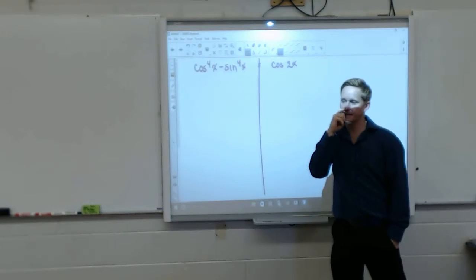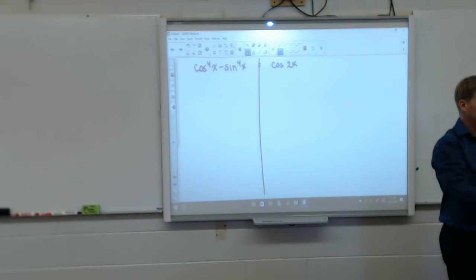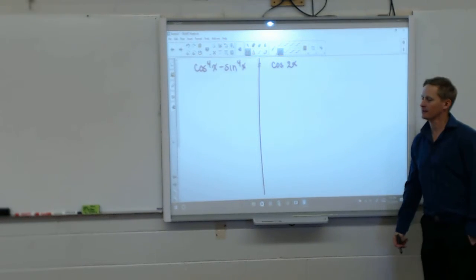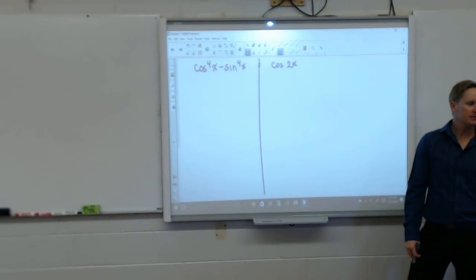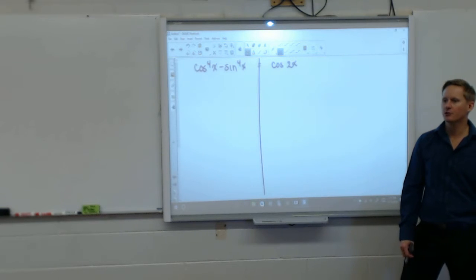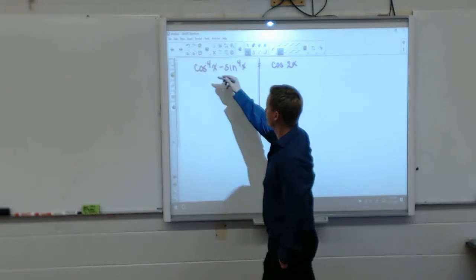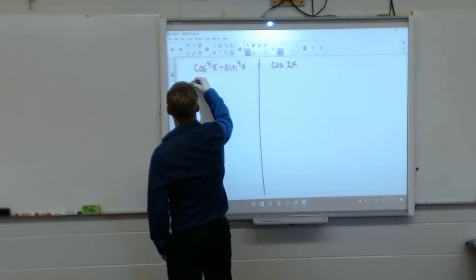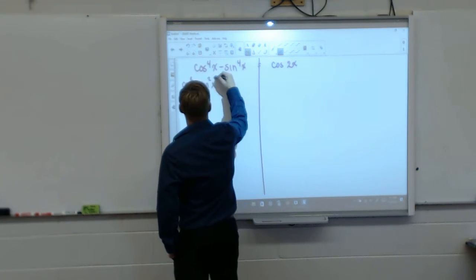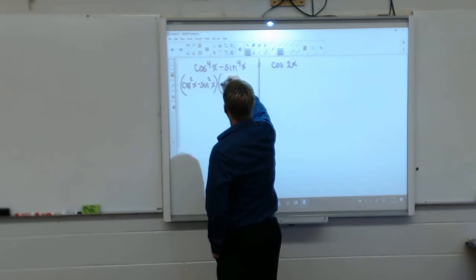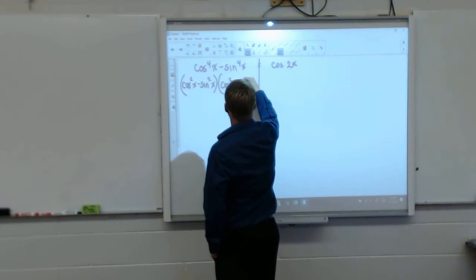Okay, which is the more complicated side? Left. Okay, what am I looking at here? What's the first thing I should do with that? Difference of squares. Sure. So this becomes cos squared x minus sine squared x, right? Times cos squared x plus sine squared x.